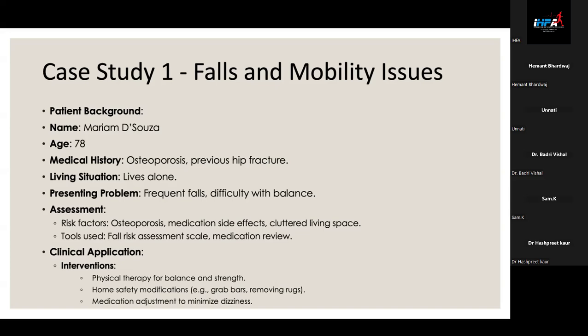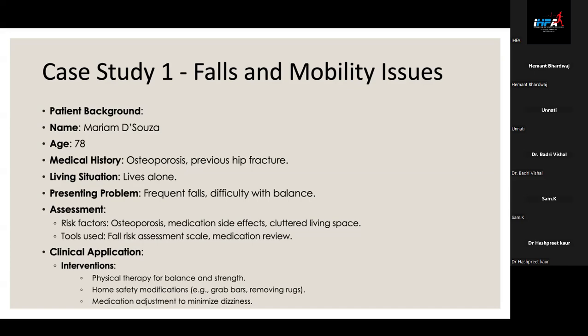We suggested some home safety measures, including grab bars, removing the rugs present in her house, and replacing the very heavy furniture with easily movable plastic or wooden furniture, so that she would not have chances of falling or injuring herself while moving furniture. We also made sure that all the necessities of daily living were within her reach, so she does not have to climb up or down to reach cupboards.